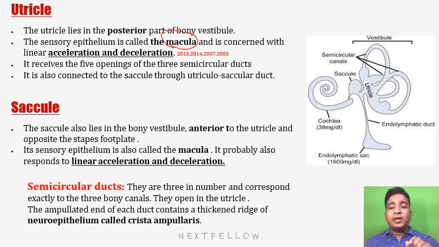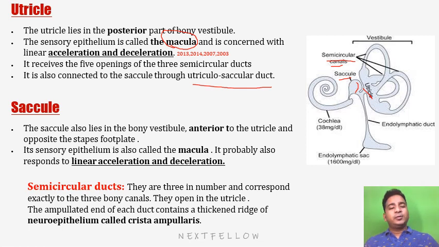For angular acceleration, the semicircular canals are responsible, and the utricle and saccule are concerned with linear acceleration and deceleration. I already told you that it receives 5 openings from 3 semicircular ducts, and it is connected to the saccule by means of the utriculosaccular duct. As you can see in the diagram, this is my saccule and this is my utricle. So they are connected by the utriculosaccular duct. Saccule, again, the sensory part is known as macula.